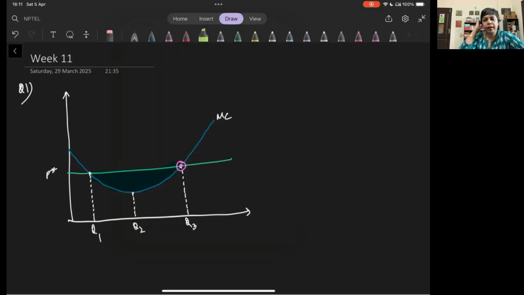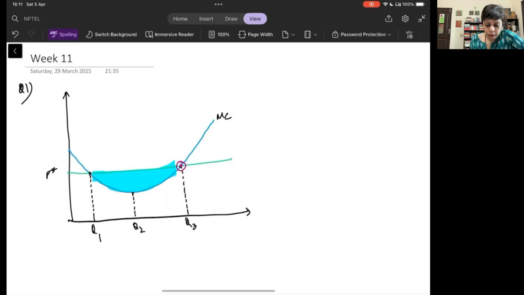Now, if on this diagram I want to represent the profit of the firm. Profit is what? Price minus marginal cost into quantity. So price minus marginal cost is this blue area which I have just depicted here. If you look at it in this way, it will be clearer. This light blue colored shaded part is price minus marginal cost into quantity.